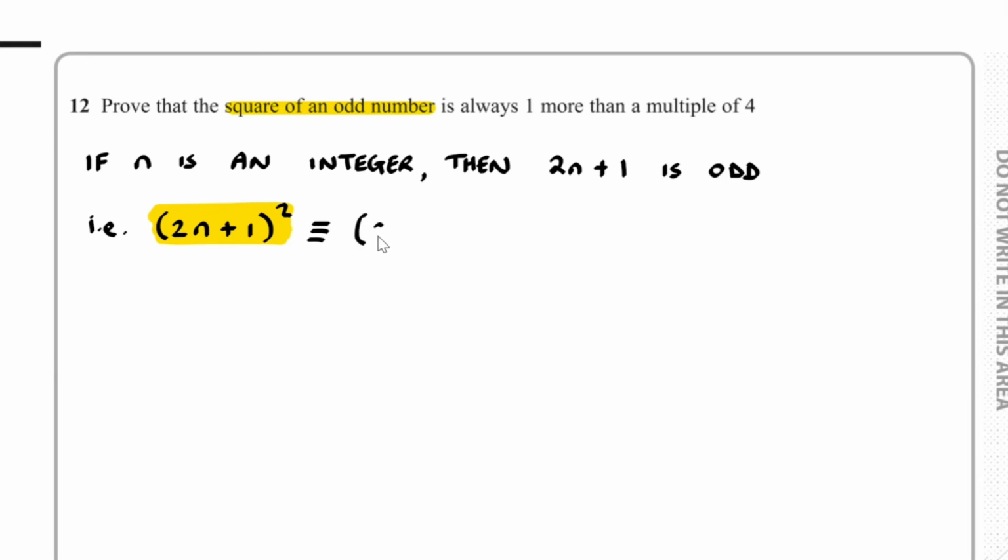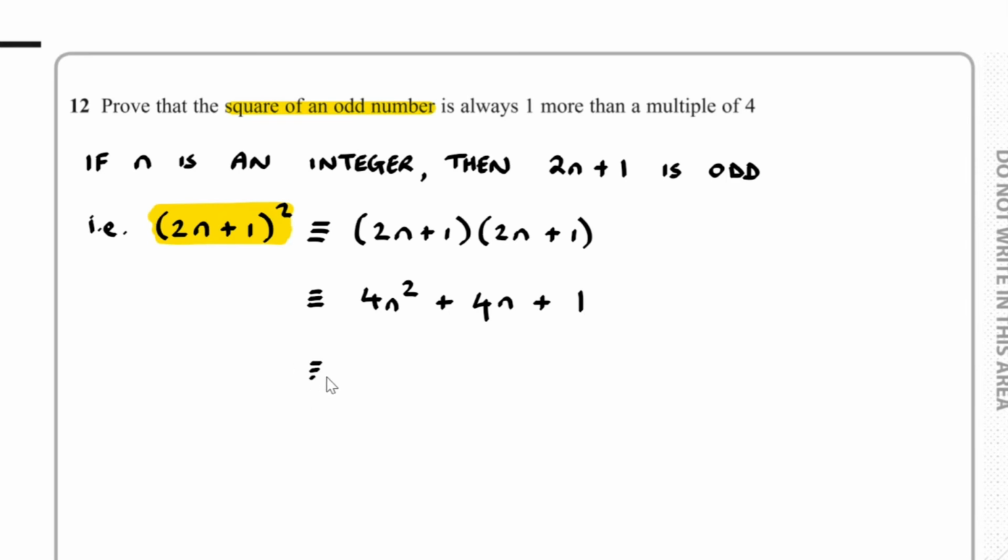Well, that's equivalent to 2n plus 1 times 2n plus 1. 2n times 2n is 4n squared, then we have 2n times 1 twice, so that's 4n, and then we have the 1 here.